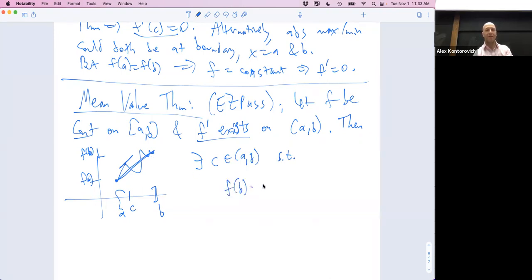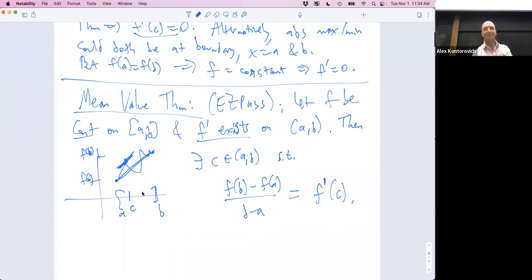How far you went, f of B minus f of A, divided by how long it took you, B minus A, right? That's the average slope. So that the average slope is exactly equal to the instantaneous slope at some point. So what's the instantaneous slope? F prime of C. Okay, this is why the police will be sending you a speeding ticket. You must have been going 80 if you averaged 80. At some point you were going 80.